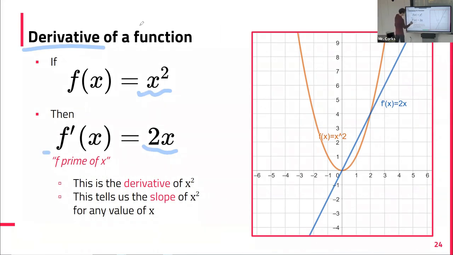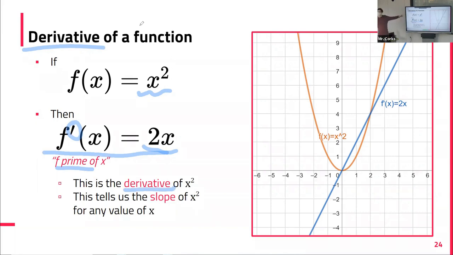And we write it like this. f prime, the original is just f. So this one, we add this little tick mark and we read it f prime. So f prime of x is 2x. So this thing is the derivative.